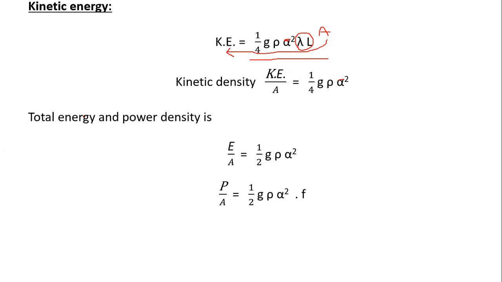Okay, so this is the kinetic energy density, and the total energy and power density can be written as E by A is equal to half of g rho a square. That means P by A is equal to half.